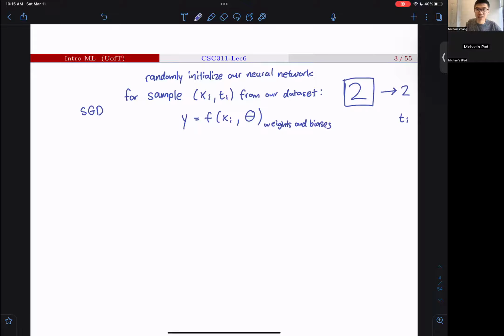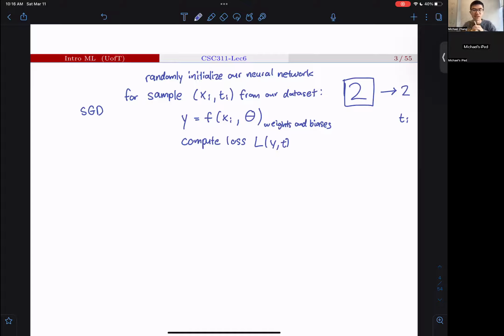We measure how our predictions are relative to the targets. So we define a loss function, which is a function of our prediction and the targets. So maybe we can rewrite this as: compute loss L as a function of y and t.